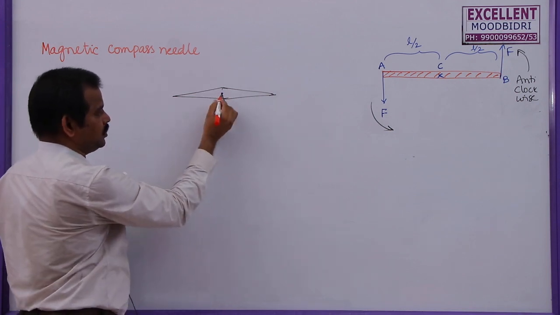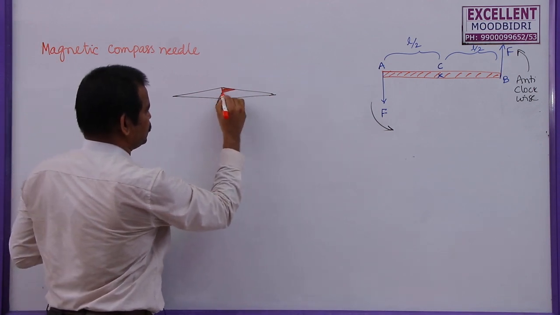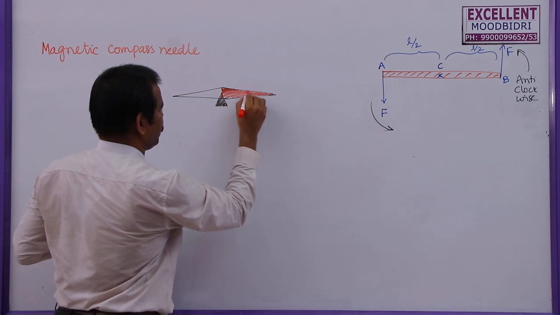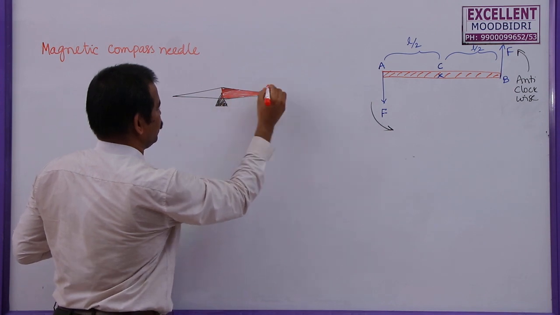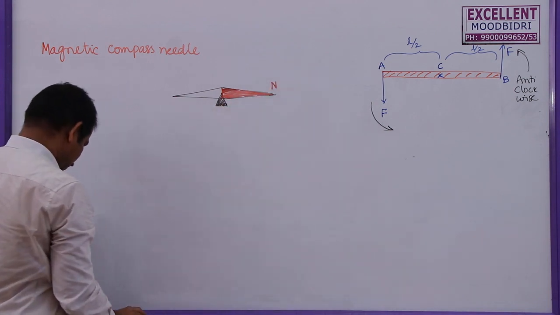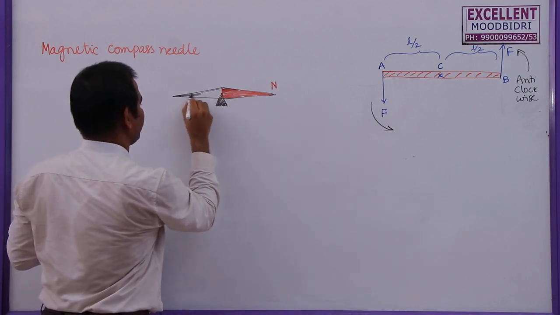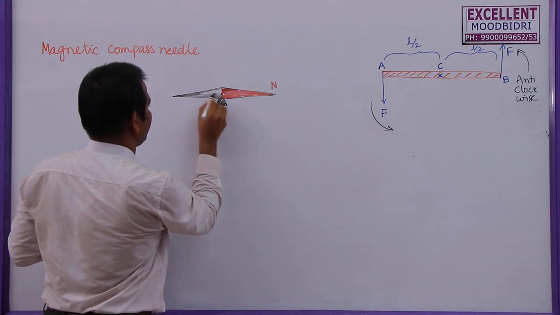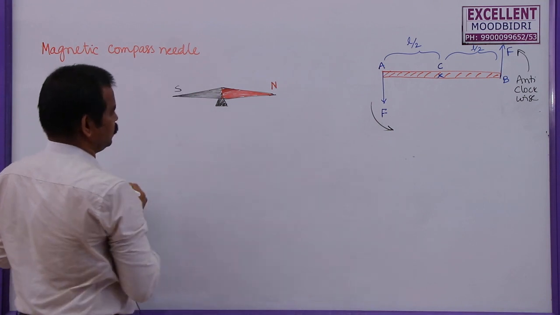So what are the forces here? Generally the compass needle, one side will be shown in red color. So we call it the north pole, and the other one will be shown in black color. This is the south pole.